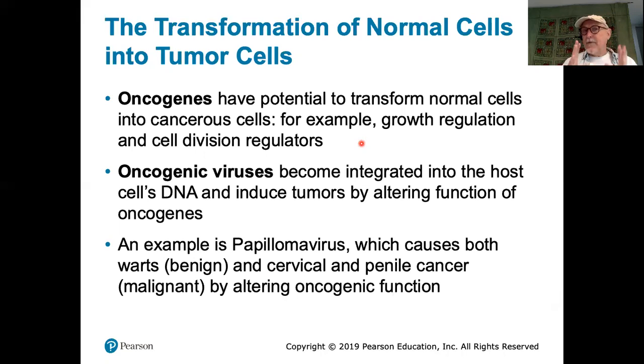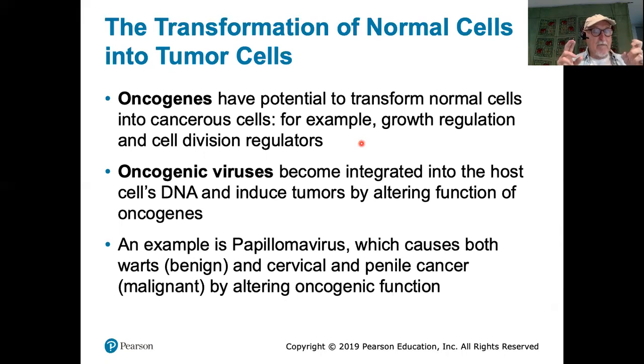And there are many mechanisms for the cell to regulate its cell division. One of them is, for example, that the cell responds to growth regulators. So substances which are in circulation, there are certain factors which will cause cells, when they see them, to begin the process of cell division.